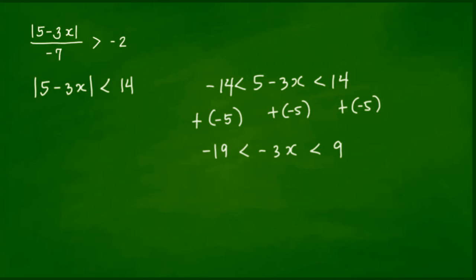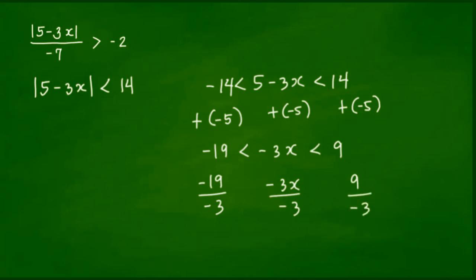Now to find the x, we divide all the sides by negative 3. So we have here negative 19 divided by negative 3, negative 3x over negative 3, and then 9 over negative 3.